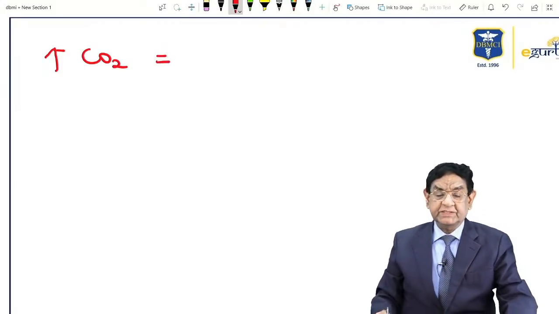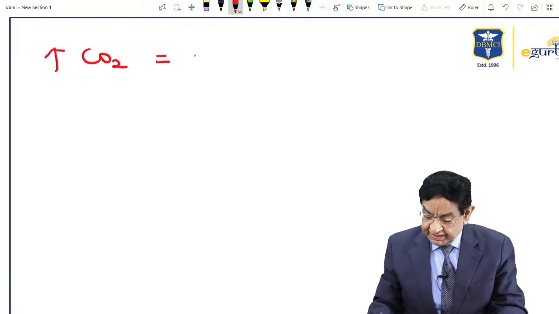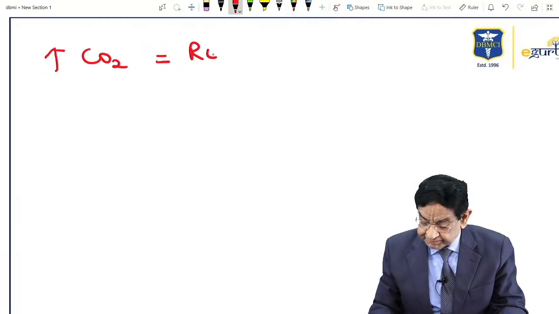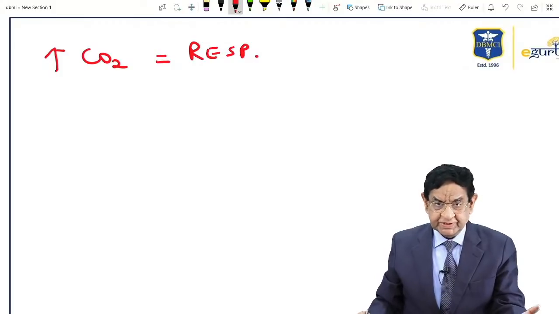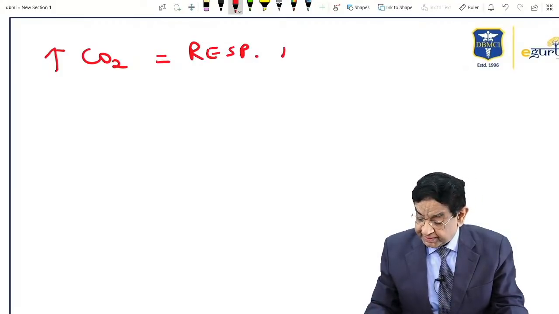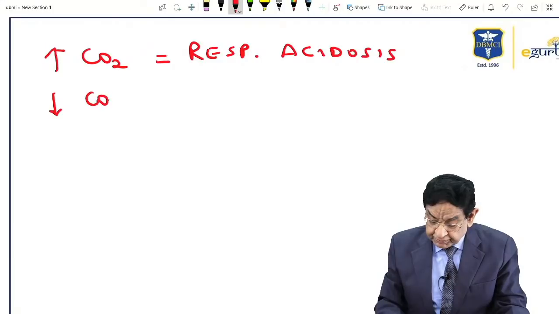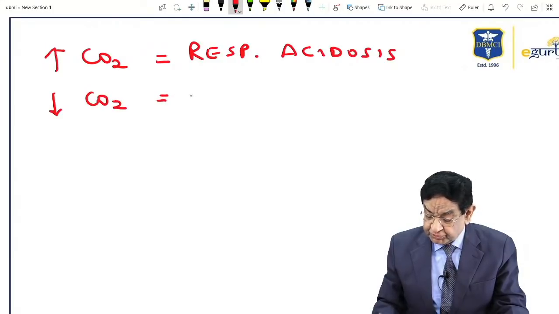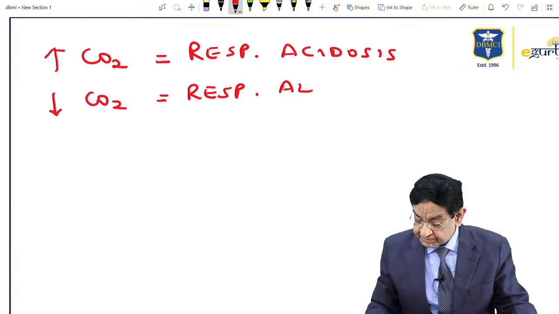What we learned just now is that any disturbance of CO2 is respiratory. So it has to be respiratory. Now CO2 is an acid, and gain of acid leads to acidosis, we just learned. So increased CO2 will be respiratory acidosis. Reduced CO2: definitely any problem of CO2 is respiratory, we learned right now. And loss of acid leads to what? Alkalosis.